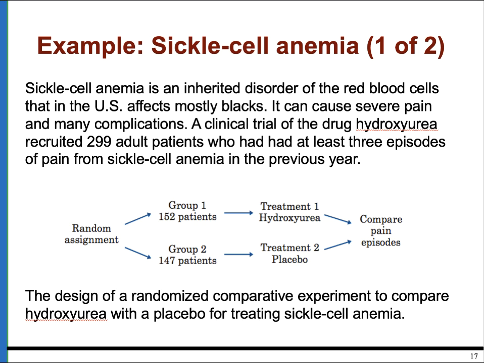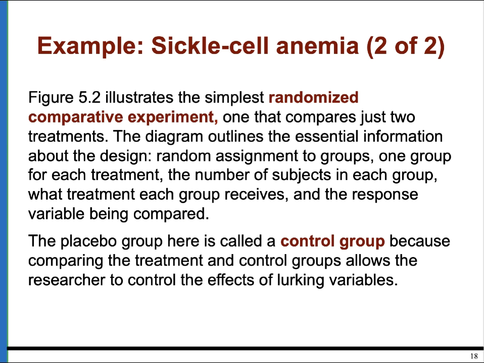In your homework, you will be describing these randomized comparative experiments using a figure like you saw on the last slide. In the simplest randomized comparative experiment, you're just looking at 2 treatments.